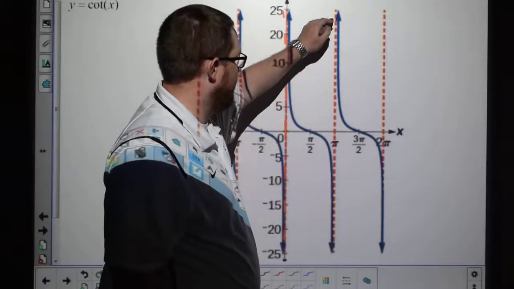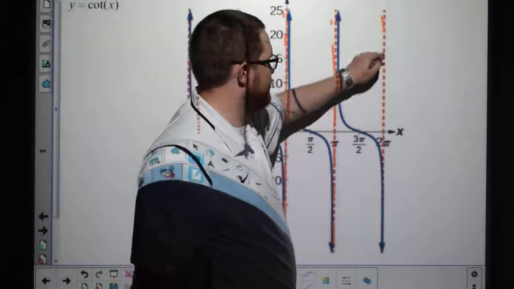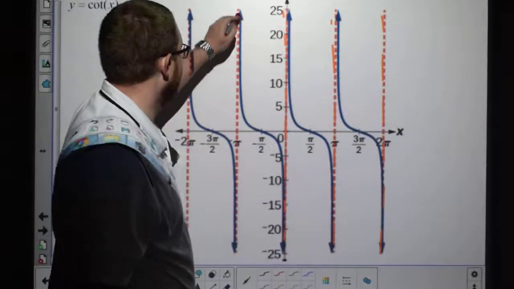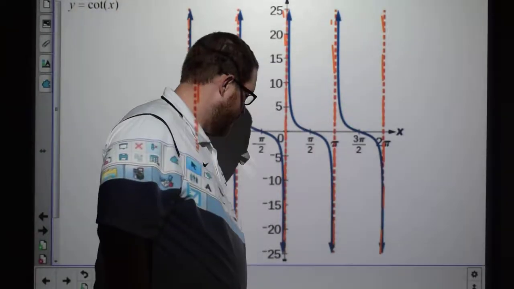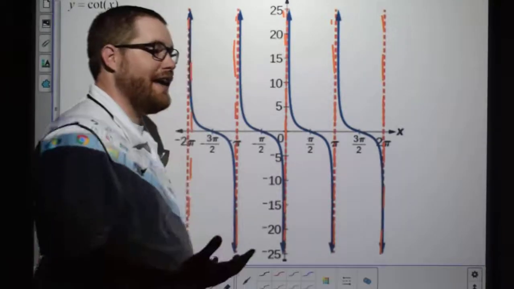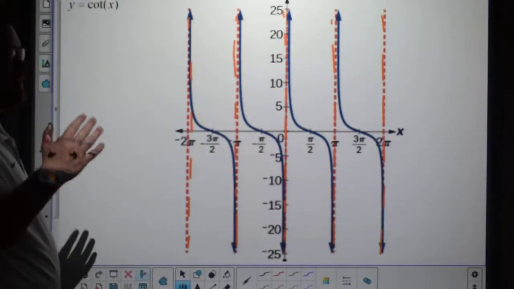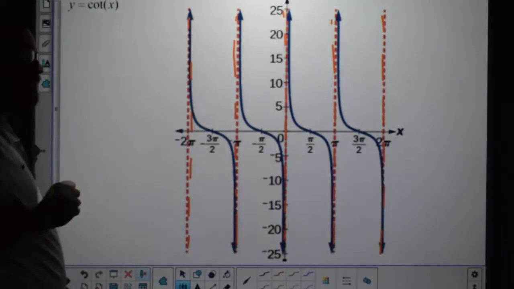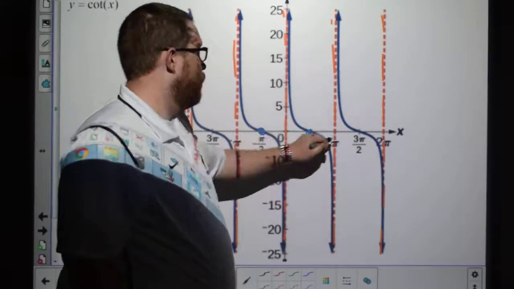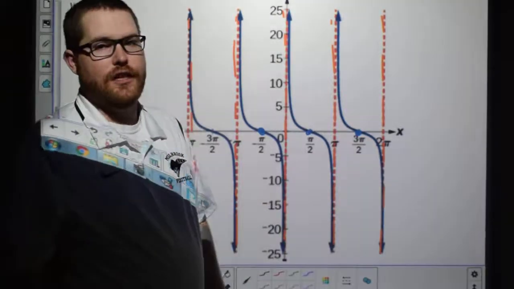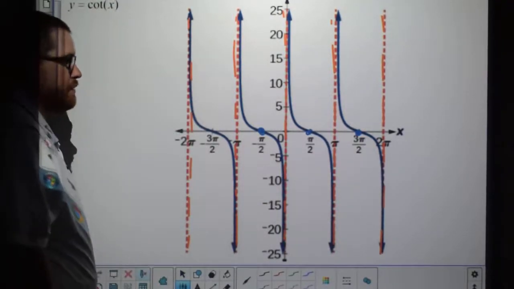So 0 pi, 1 pi, 2 pi, negative 1 pi, negative 2 pi. Whereas the tangent had x-intercepts at every pi, this has intercepts at every pi over 2. So in other words, where there were asymptotes, there are now x-intercepts, and where there were x-intercepts, there are now asymptotes.